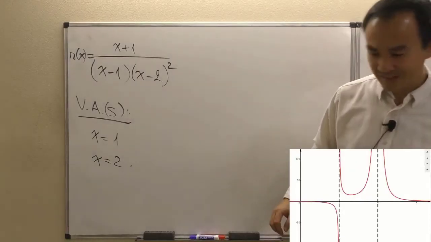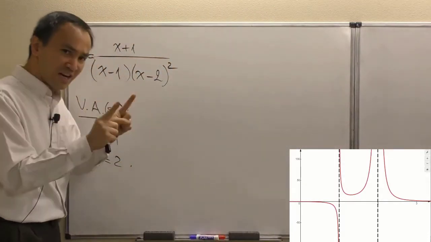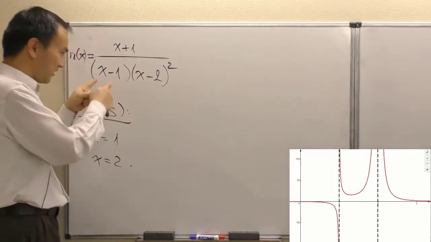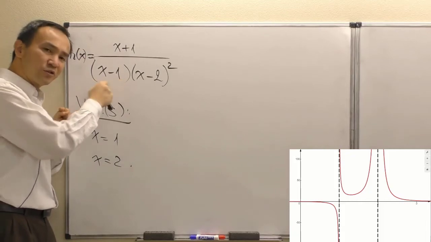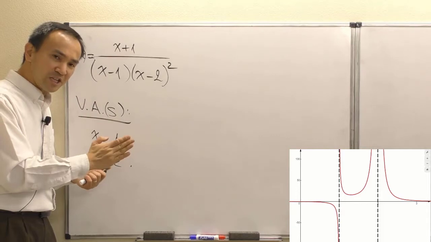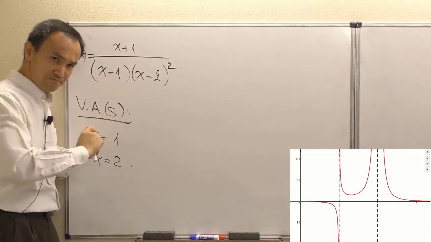Allow me to switch to my other board and still retain the picture here on the board. To organize our understanding, let's look at each of these one by one. The first asymptote, just focus on this. In our understanding, a vertical asymptote only happens wherever we have a 0 in the denominator.